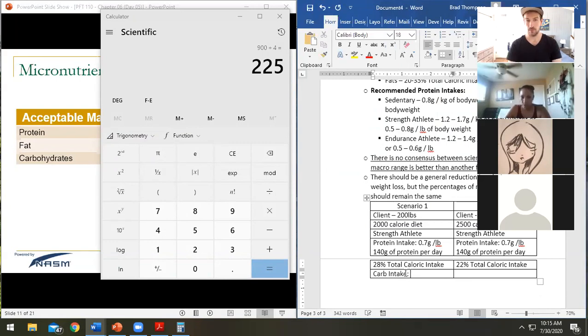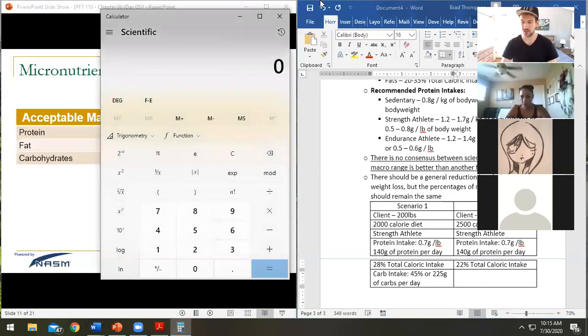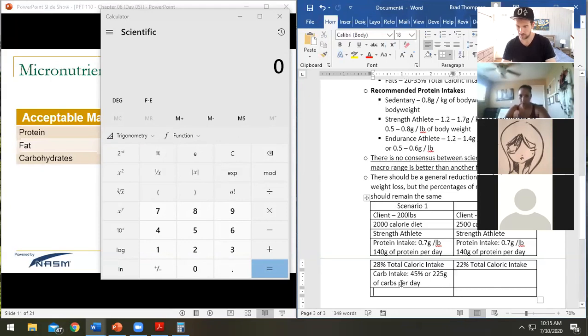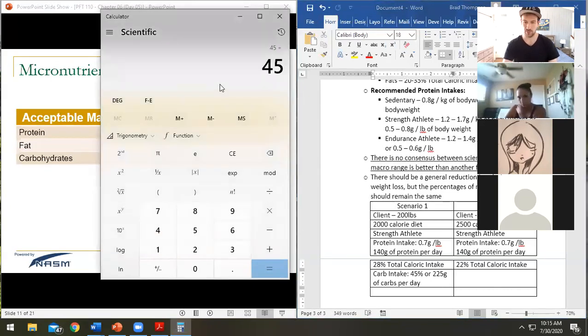Carb intake, we're going to say 45%, or 225 grams of carbs per day. Right, fat intake we do the same thing. Fat intake is the remainder for this person. So 45 plus 28, 73, minus 100, 27%.